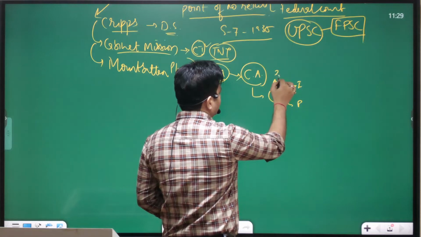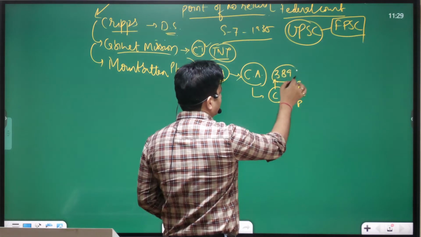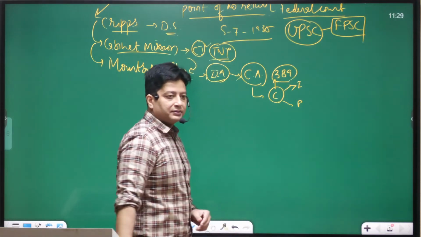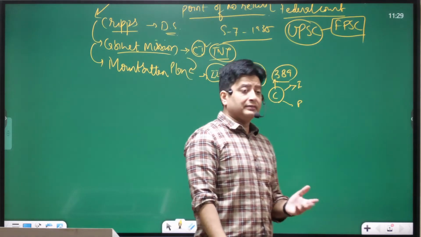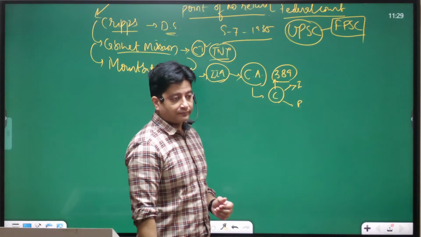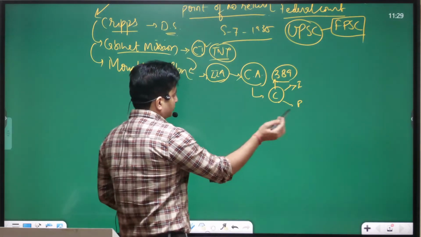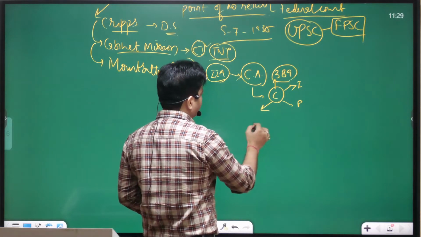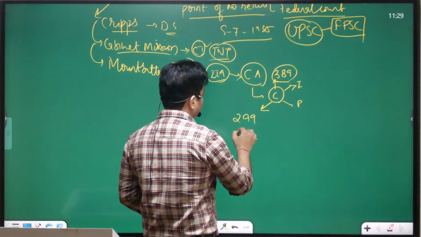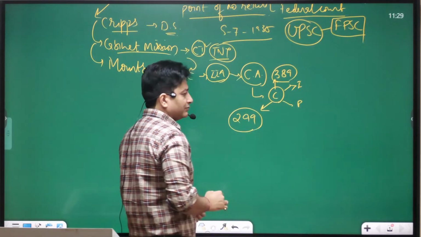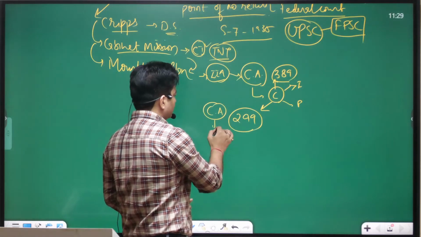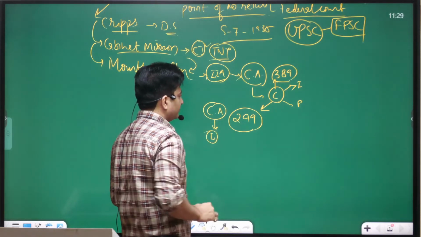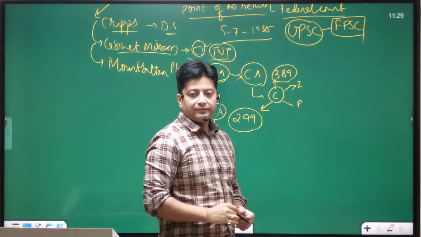It had 389 members. It was jointly decided, but then because of Muhammad Ali Jinnah's adamant demand, we had to carve out our members, and there were 299 members for the Constituent Assembly to draft the Constitution of India.